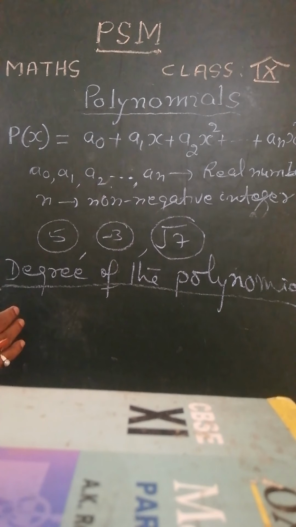We don't assign any degree to a zero polynomial. The degree of a constant polynomial is 0.